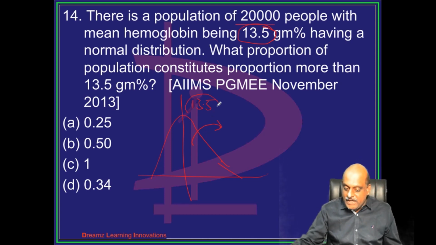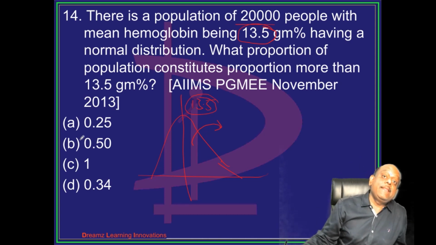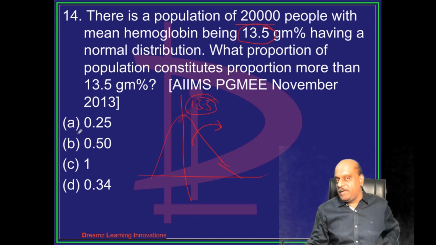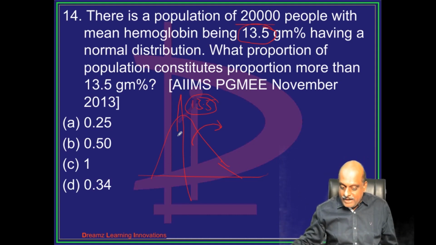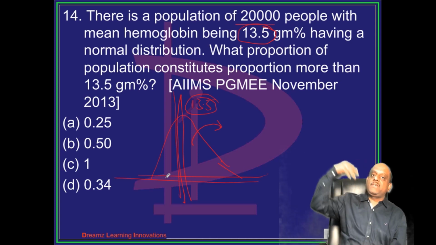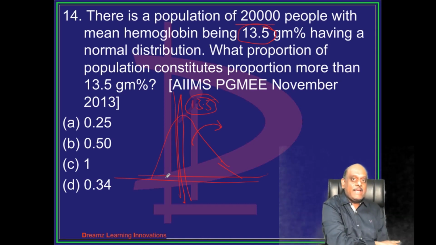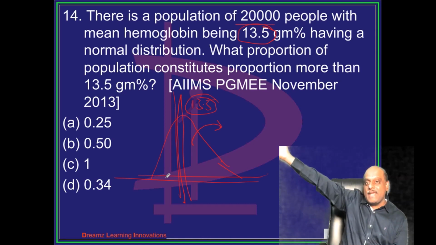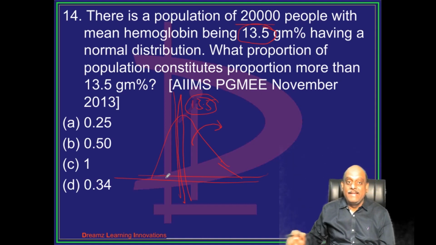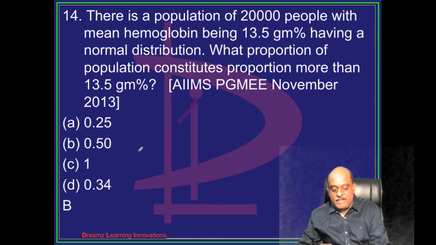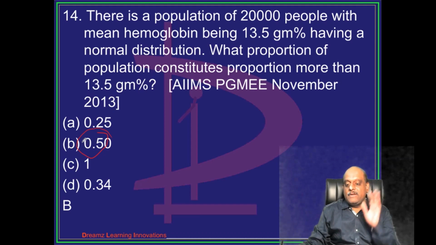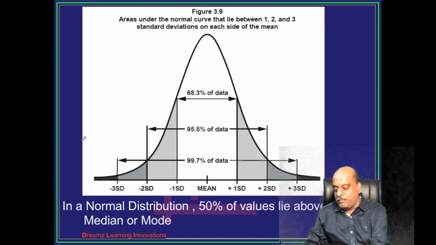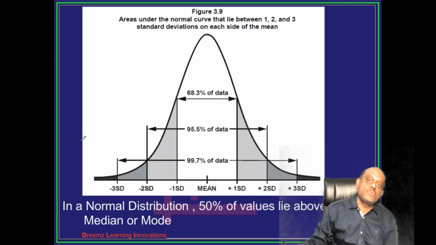If the mean value is 13.5, more than the mean value, what percentage of population will be there? Typically in a normal distribution curve, mean कहाँ रहता है डॉक्टर? एकदम सेंटर में रहता, मतलब 50% उधर, 50% इसके पीछे, 50% उसके आगे. इसलिए 50% of the population, that is 0.5, 50% of the population will be more than 13.5. That's what you should remember.